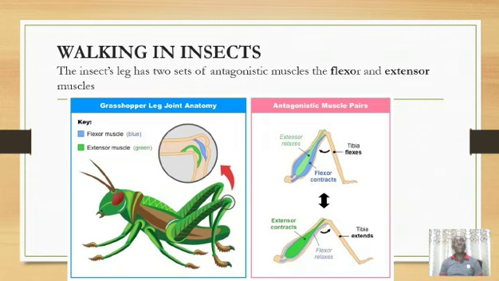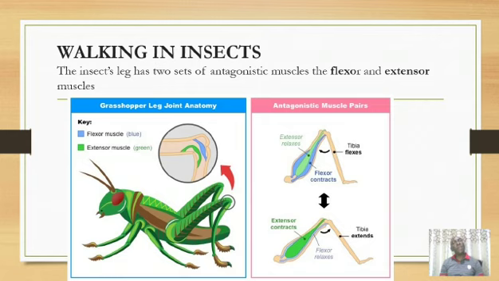What do we mean when we talk about antagonistic? When one set of muscles contracts, the other set of muscles relaxes. When the flexor muscles contract, the extensor muscles relax. When the flexor relax, the extensor contract. Therefore, the two sets of muscles are antagonistic.